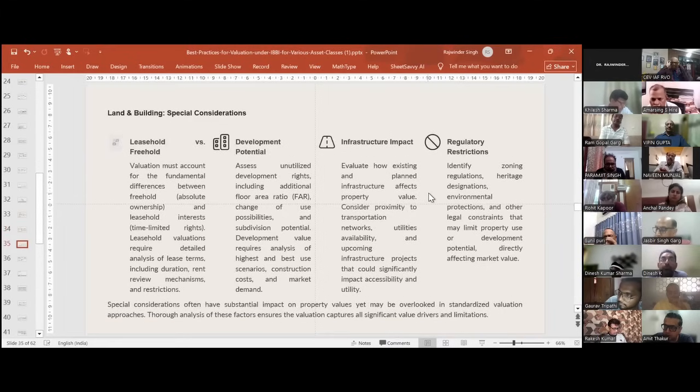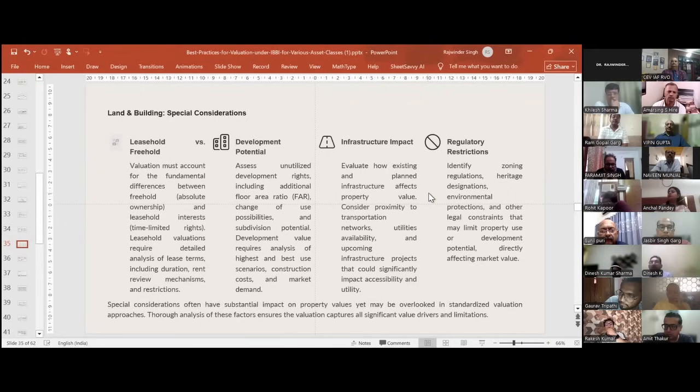So next, when you are doing valuation for land and building, there may be certain special considerations, special conditions which you may have to consider in your valuation reports. What are these special considerations? First thing, most of us know the difference between leasehold and freehold property.